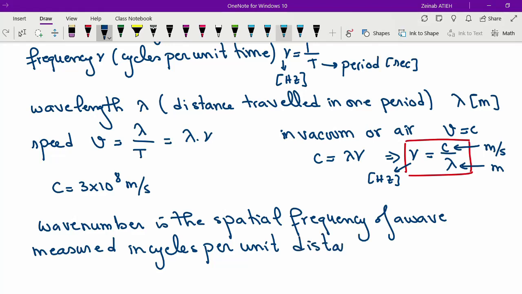Let's compare the wave number with the frequency.